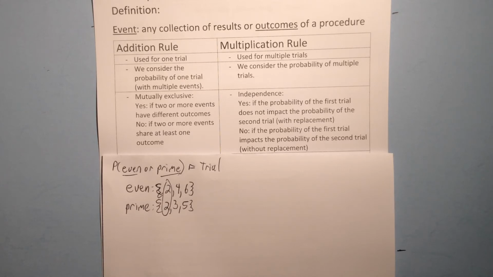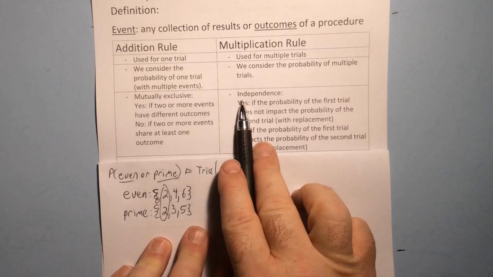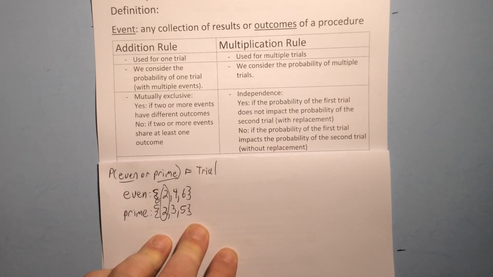What we're looking at is, does what occurs in the first trial impact what can happen in the second trial? If the probability of the first trial impacts the probability of the second trial, then we say that they're not independent.